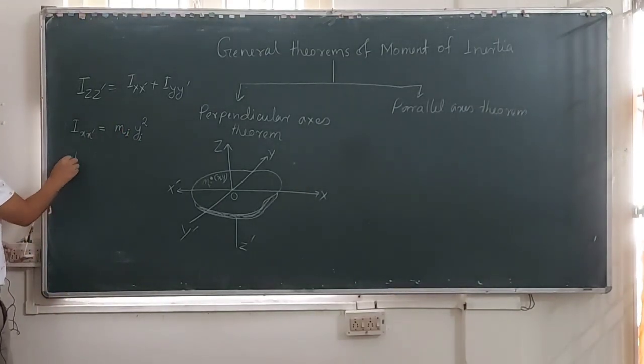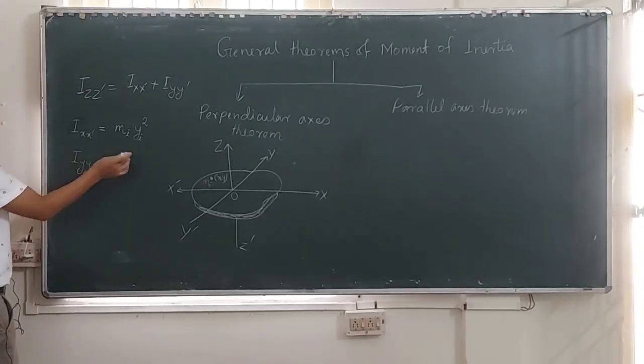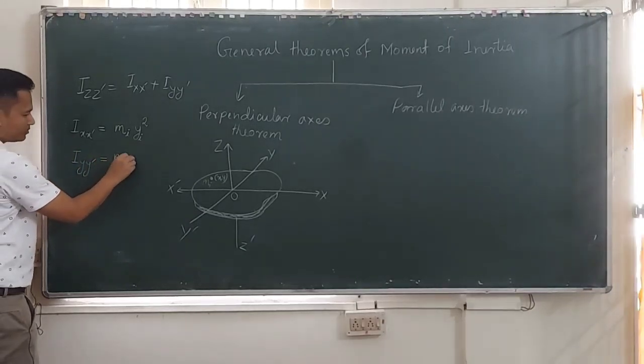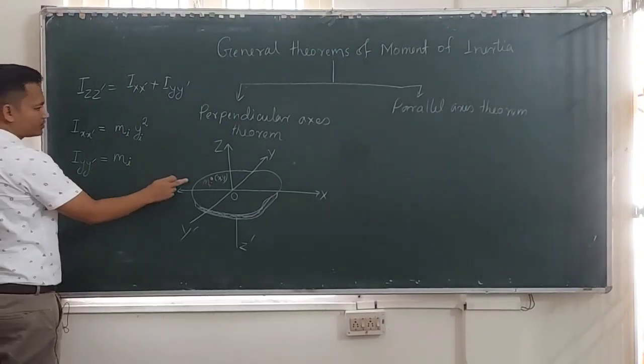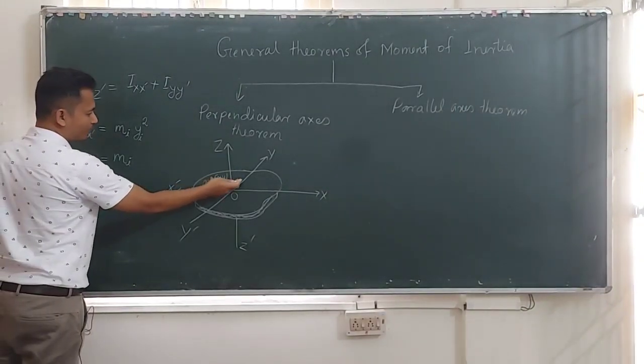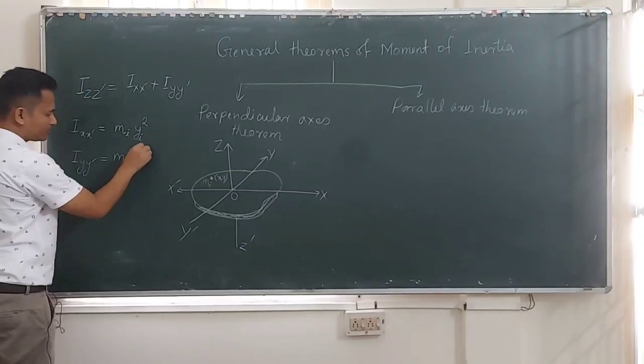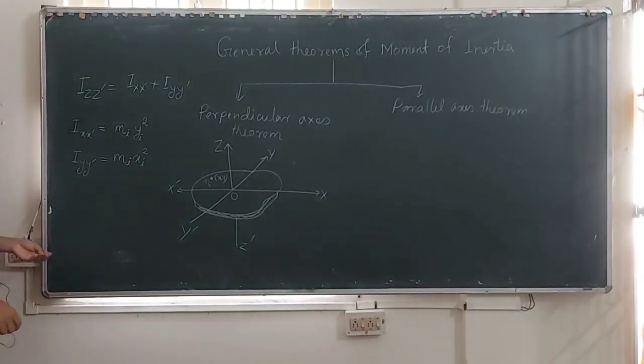Similarly, the moment of inertia of the particle about the y prime axis is equal to the mass m i times the square of its distance from the y axis, which is x. So I y prime equals m i x i square.